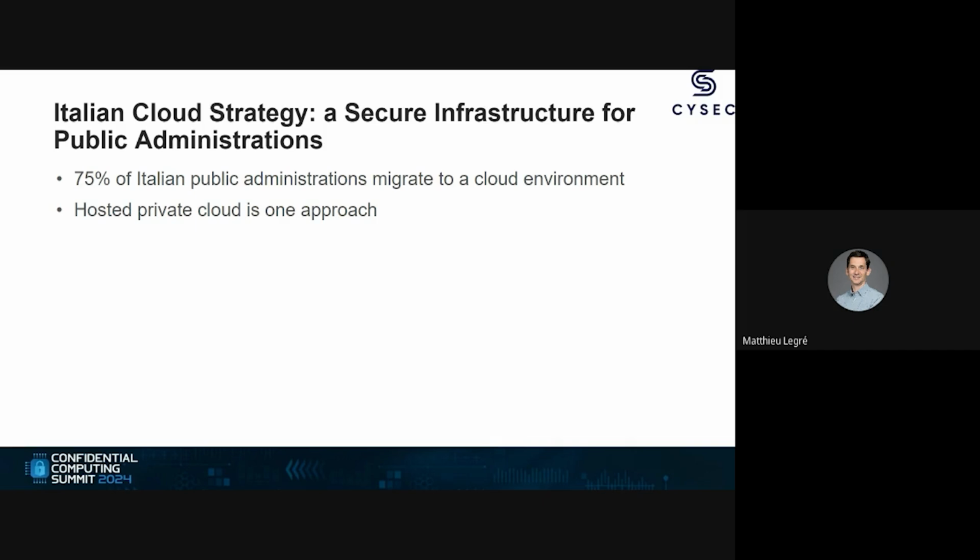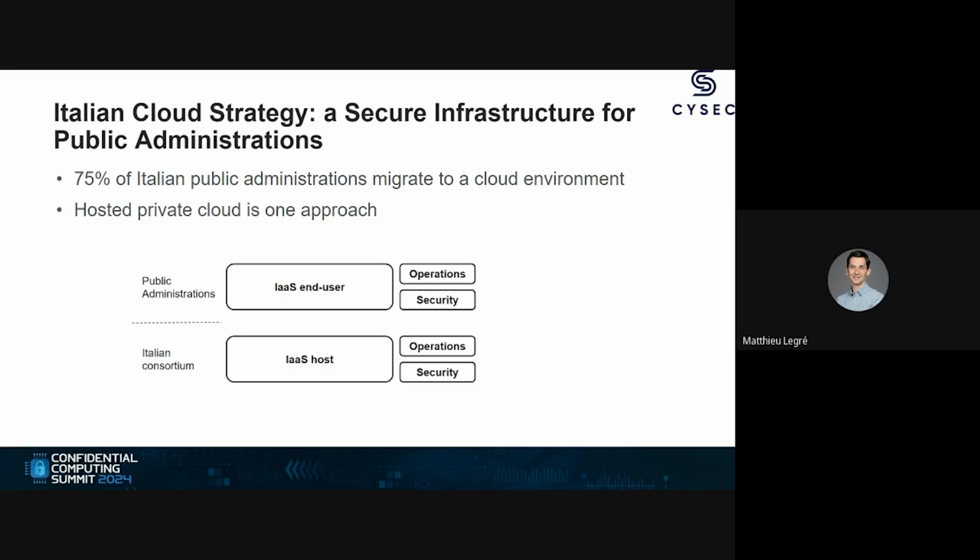And so for this, there are different Italian initiatives to create secure infrastructures for those public administrations. One of the approaches is based on a hosted private cloud. So how does it look? It looks like what we can see on the figure here below.